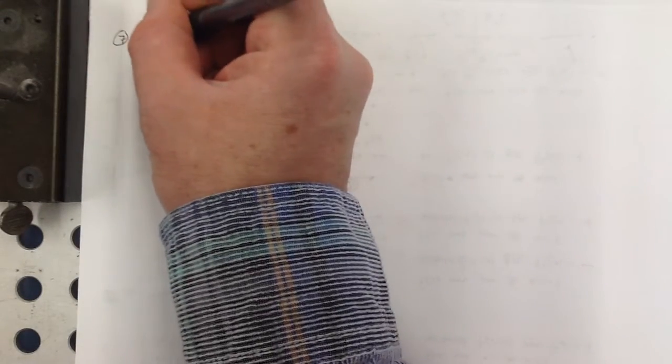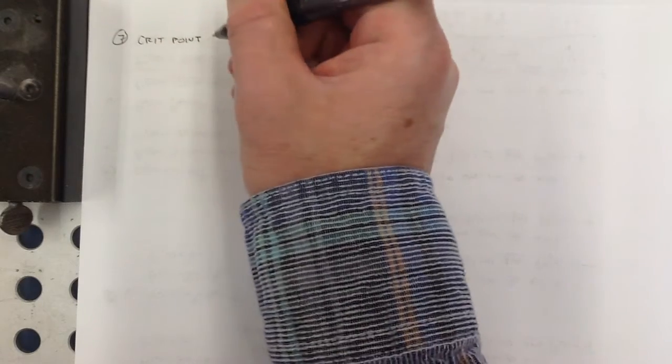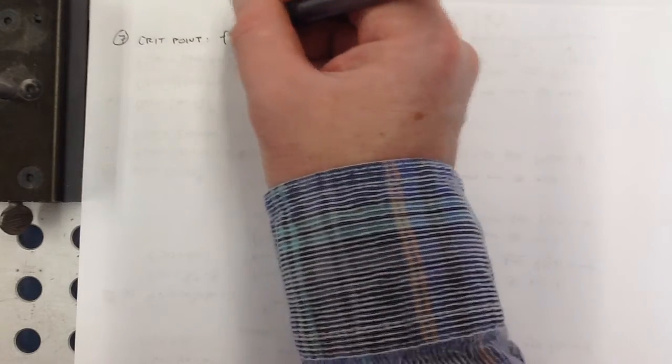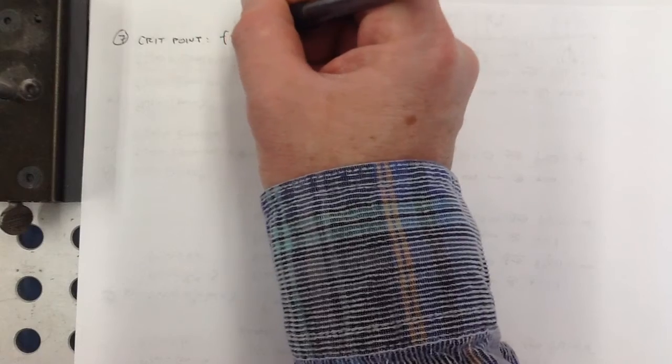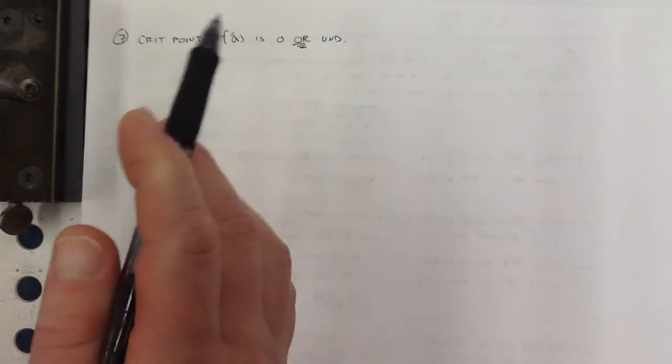We want to locate the critical points and justify which critical points are stationary points. Okay, so point of order here. What's a critical point? You have this in your notes, but I'm just going to remind you. A critical point is where the derivative is 0 or undefined.